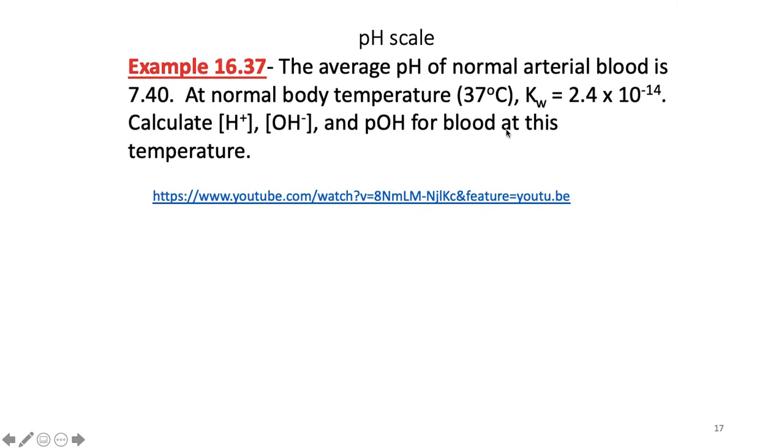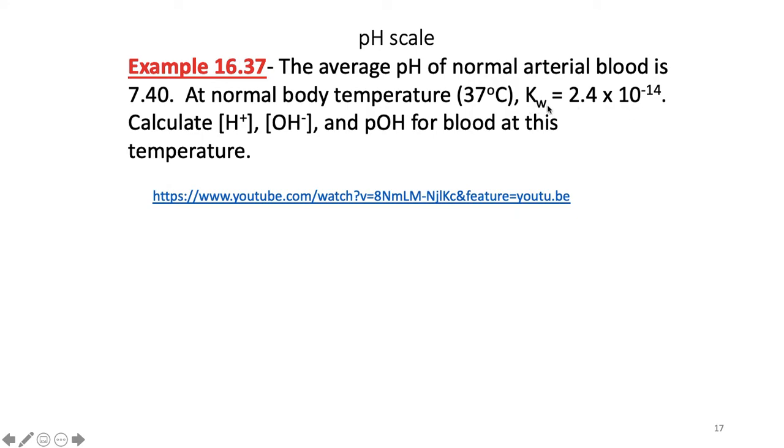Here's another example, and here's the one that I told you will have a different value for Kw. In this problem, the temperature is 37 degrees, not 25. So Kw, because it's temperature dependent, it's going to be a little higher than 1 times 10 to the minus 14th. And in this case, you are given the value for Kw.